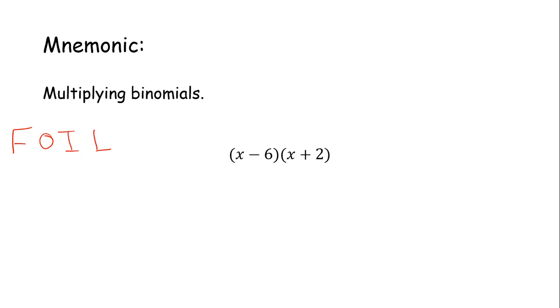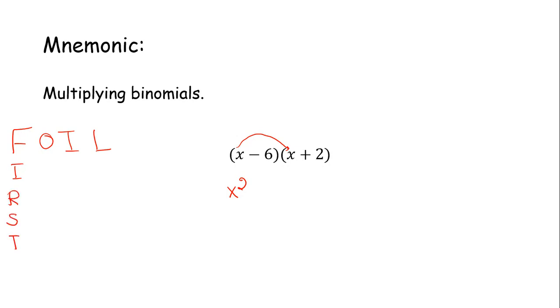So let's try. When we do the distributive property, I multiply first x times x, and I will get x squared. X and x are the first term in the first polynomial and the first term in the second polynomial. This is why we start with the letter F. It's first. F-I-R-S-T.